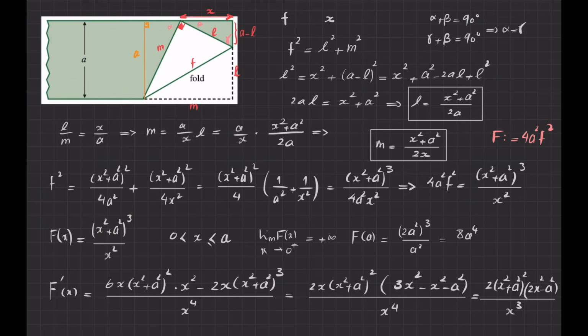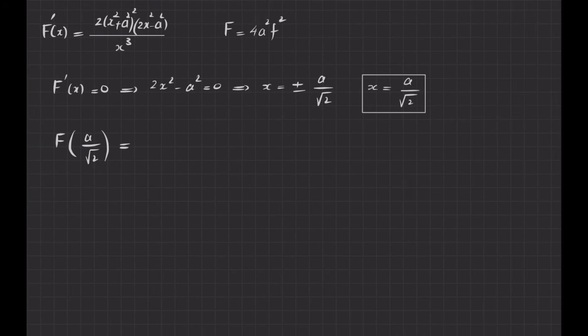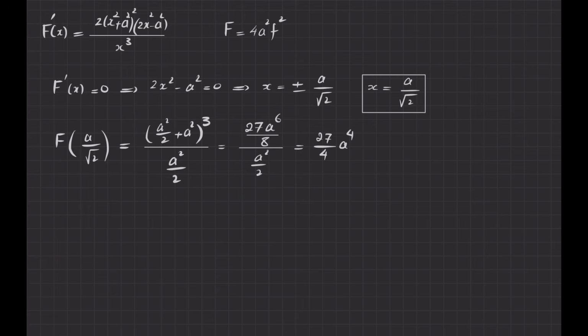This becomes a squared over 2 plus a squared, to the power of 3, divided by this number to the power 2, which is a squared over 2. When you calculate that, it becomes (3a squared over 2) to the power of 3, which is 27a to the power of 6 divided by 8, and then I have a squared over 2. If you simplify everything, it becomes 27 over 4 times a to the power 4.